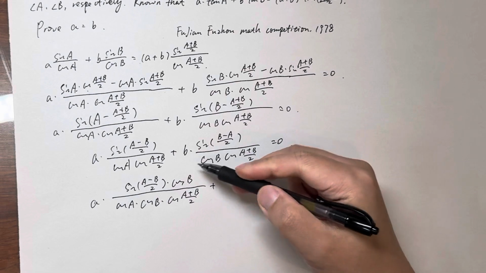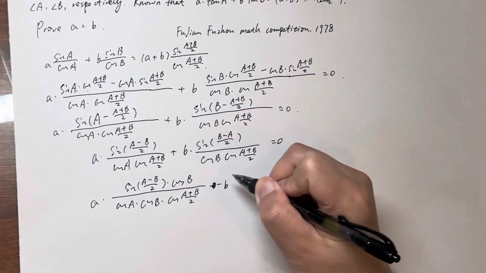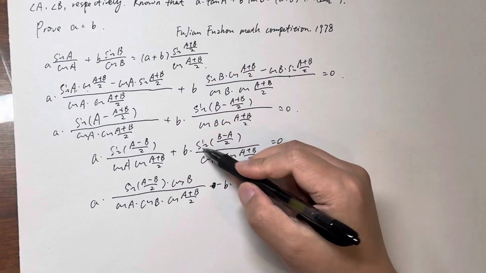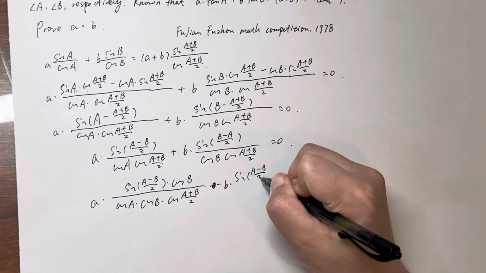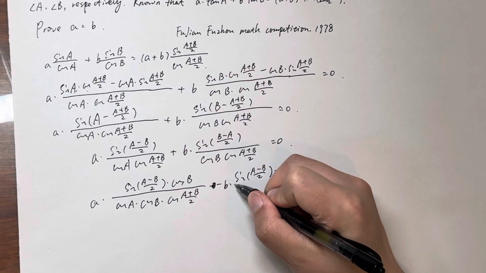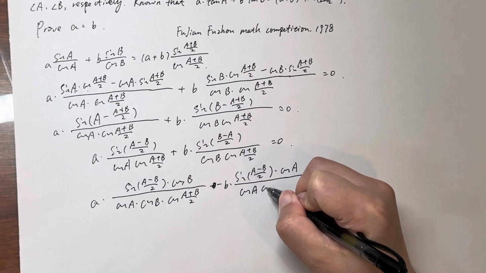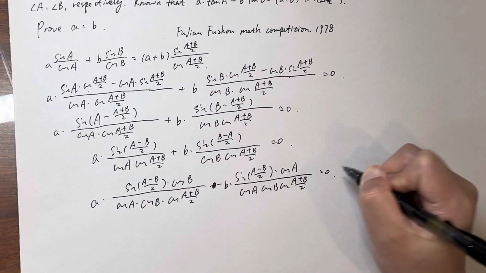And plus for this one we have b, here we can just use minus b times sin of (A minus B)/2 and times cos A, divided by cos A cos B cos of (A plus B)/2 equals 0, right?